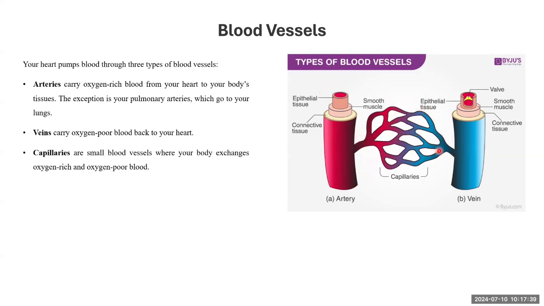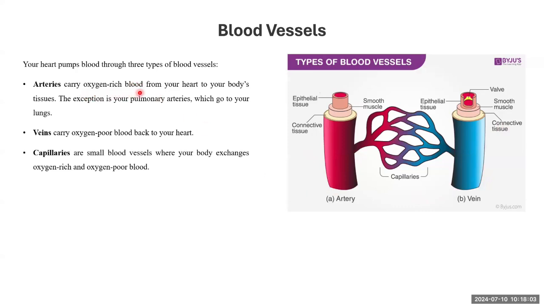On the other side of the capillary there is a vein, which collects the blood once it has provided oxygen and nutrients, and then it carries the blood toward the heart again, and the heart then pushes it to the lungs for purification. So this is how these three types of blood vessels work.